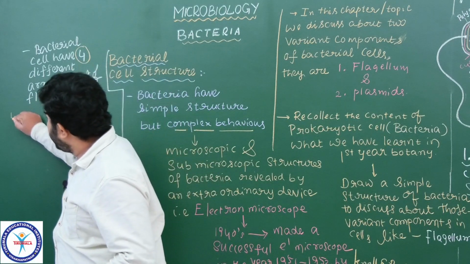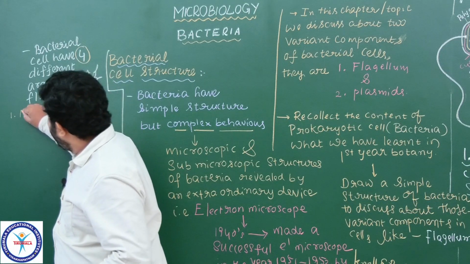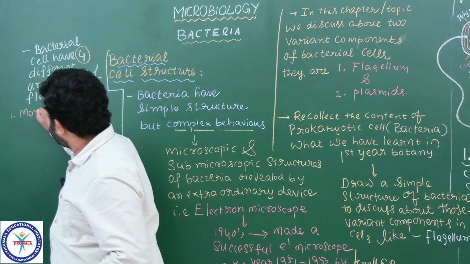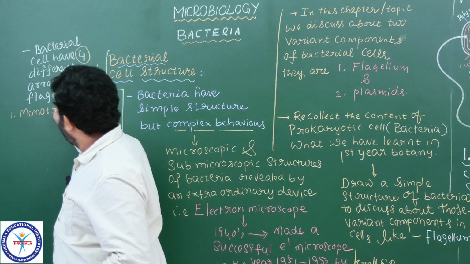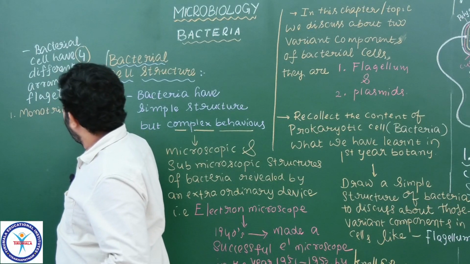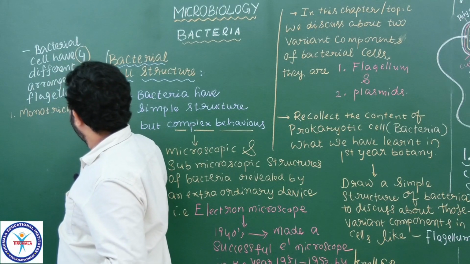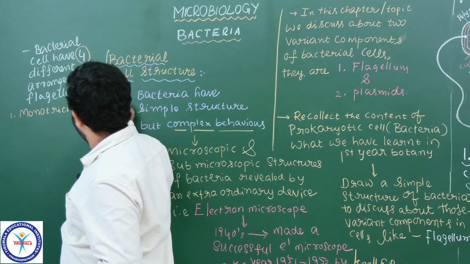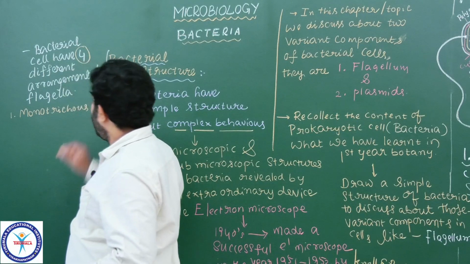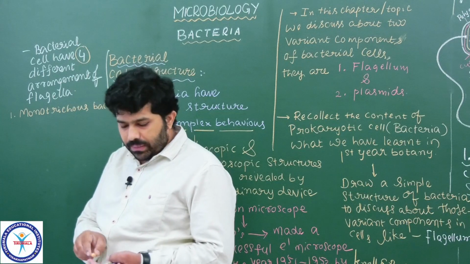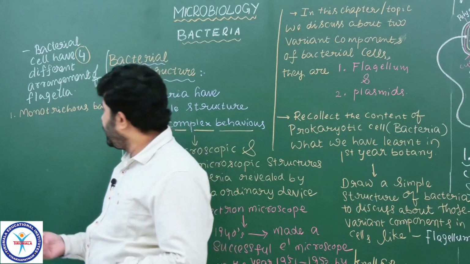In that, the first one is monotrichous bacteria. The first category of bacteria is called monotrichous bacteria. Here, mono means single.